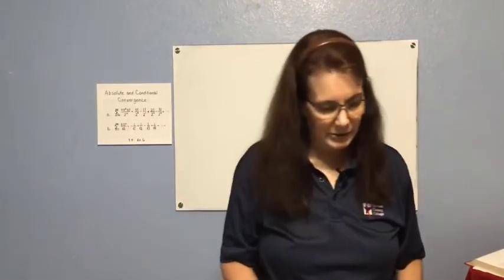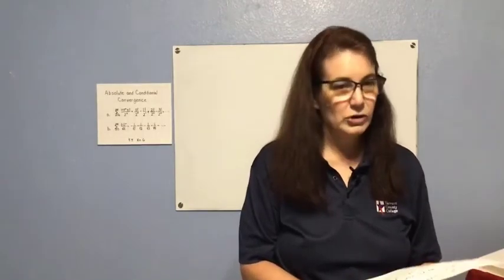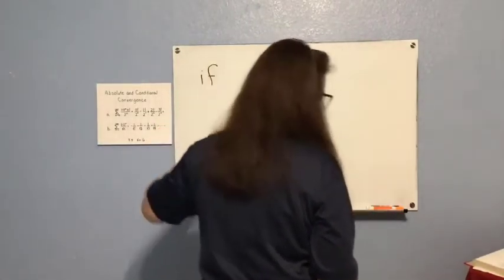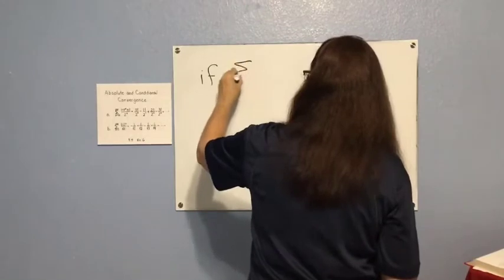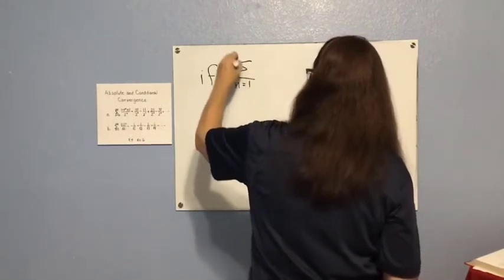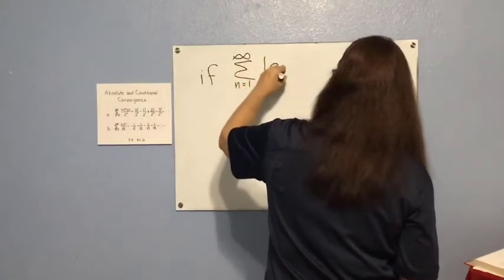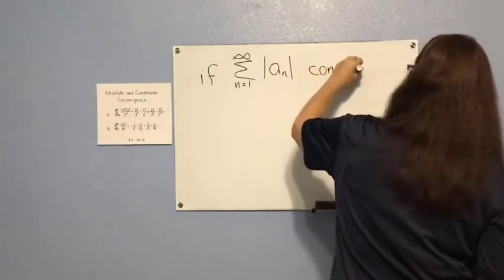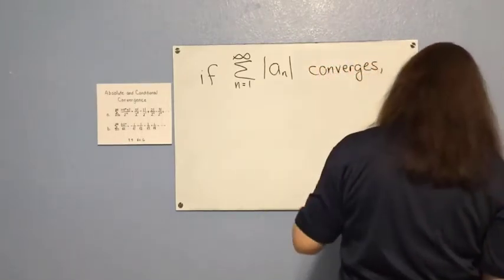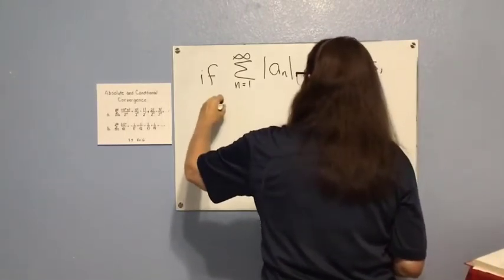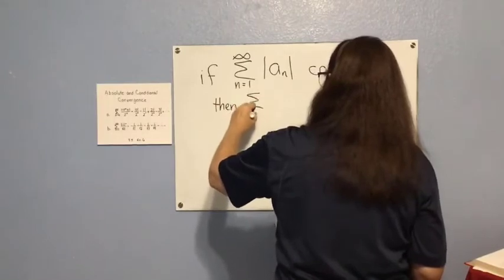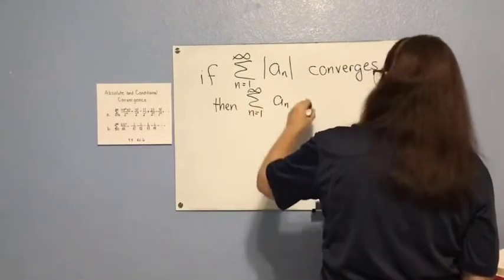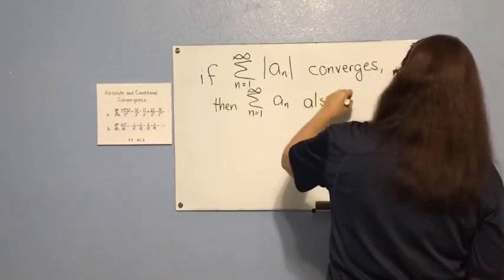We have a theorem on page 626 called the absolute convergence theorem, which says if the sum from n equals 1 to infinity of the absolute value of a sub n converges, then the same sum without the absolute value also converges.